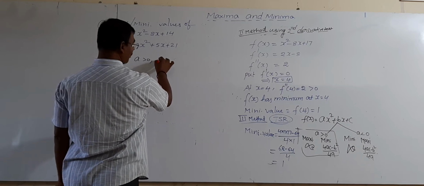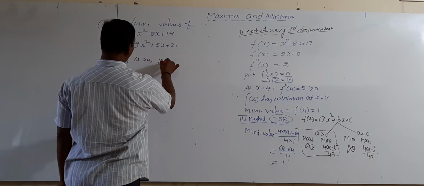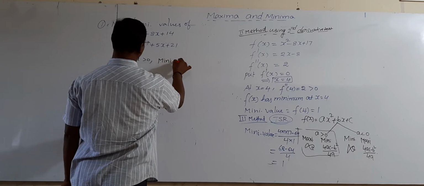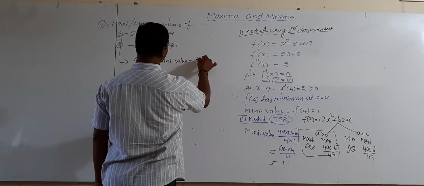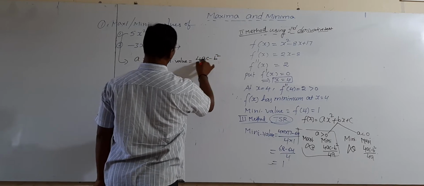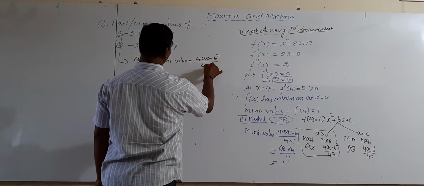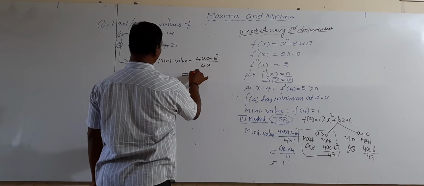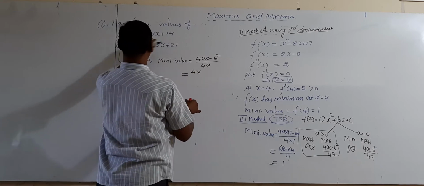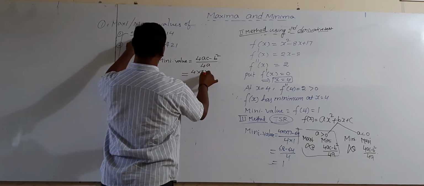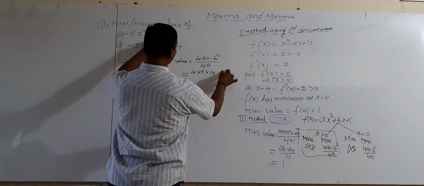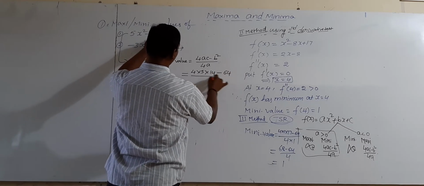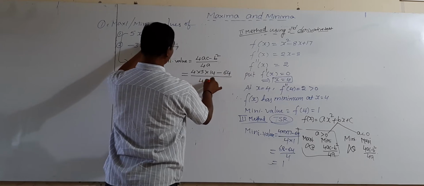The minimum value formula directly: minimum value is equal to 4ac minus b square divided by 4a. All of you remember, we can easily get the answer within 10 seconds. 4 into a value 5, c value 14, minus b square, minus 8 whole square, value 64, divided by 4 into 5.